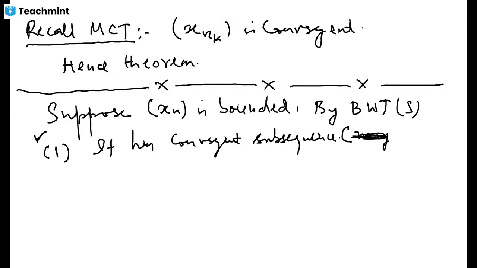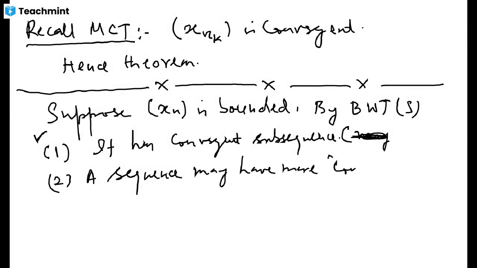But sometimes a sequence may have more convergent subsequences. This is also possible, because if the sequence itself is convergent, then all its subsequences will be convergent. But if the sequence is not convergent, then clearly all its subsequences may not be convergent.